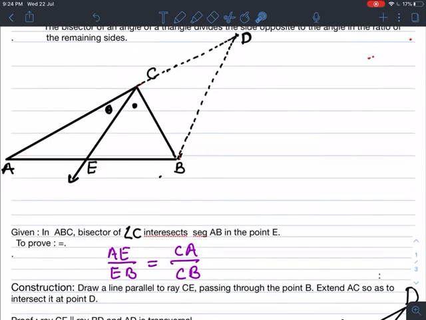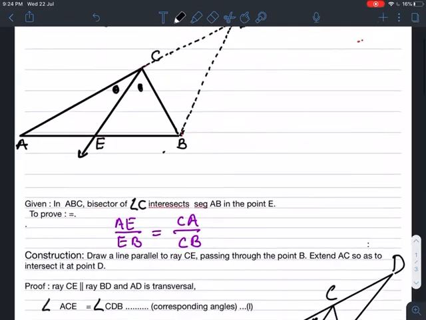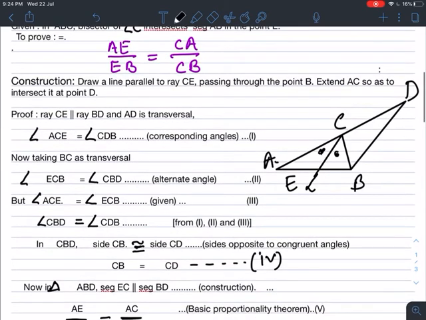Now you observe this figure. Now we have to see the proof. The same diagram is there, so you can watch it on my right side. Line CE is parallel to BD and AD is a transversal, so you can observe these two angles: line parallel, transversal, these are the corresponding angles.